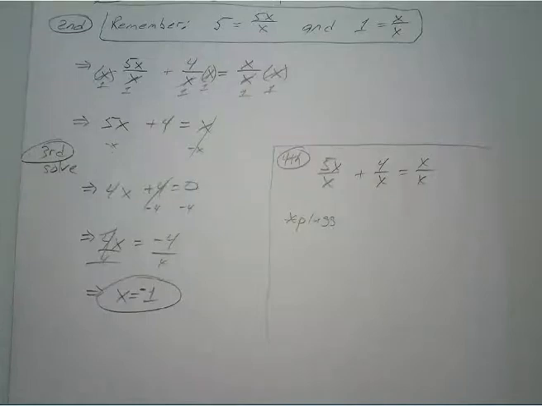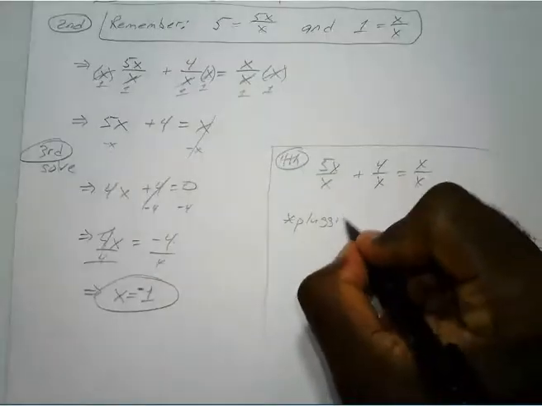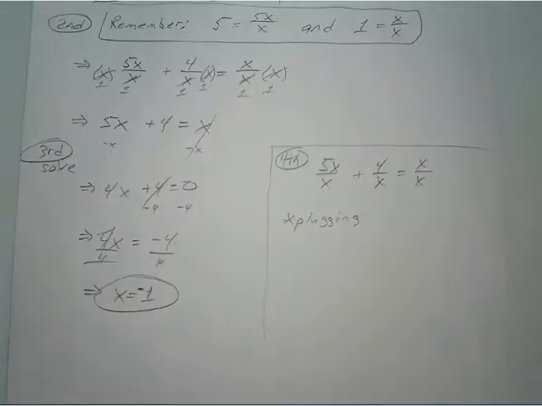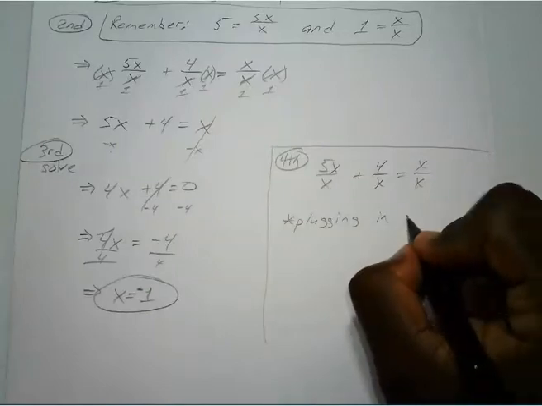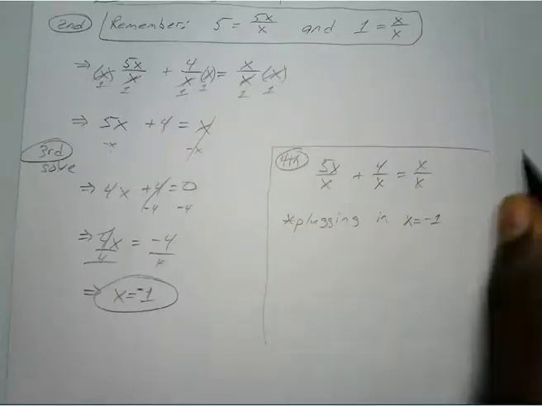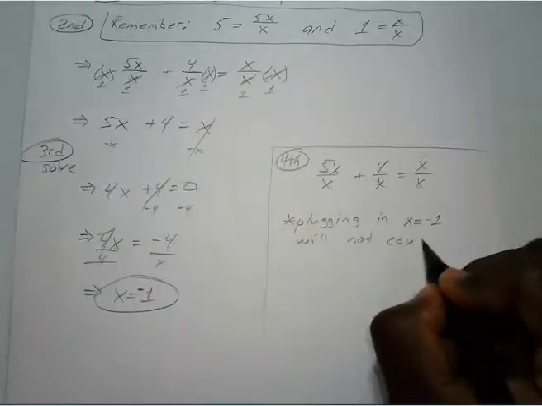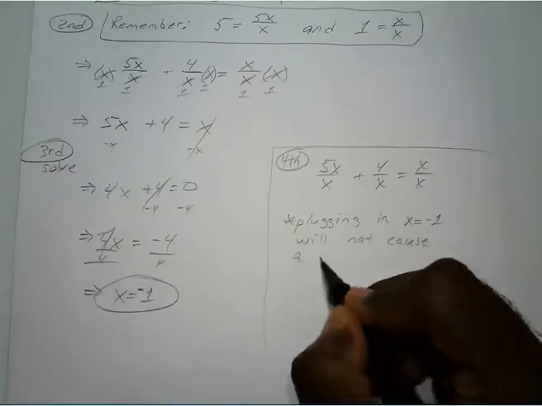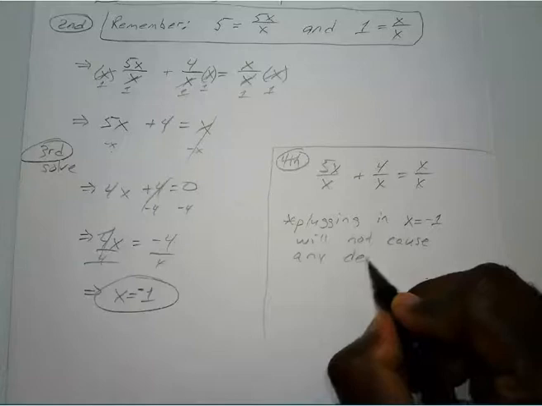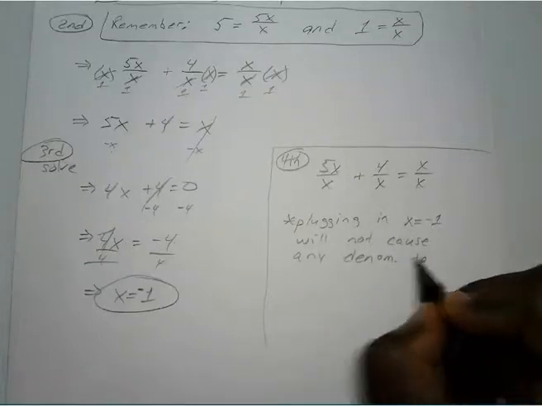All right, so from there we are going to go ahead and verify that this is a valid solution. So plugging in x equals negative 1 will not cause any denominators to equal 0.